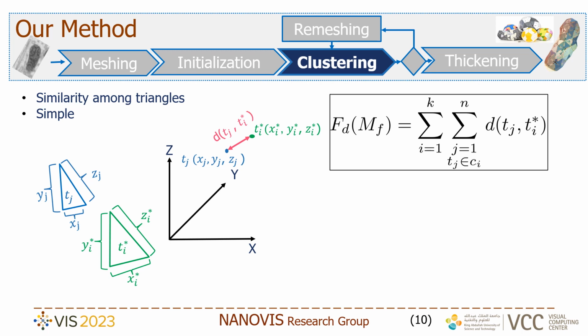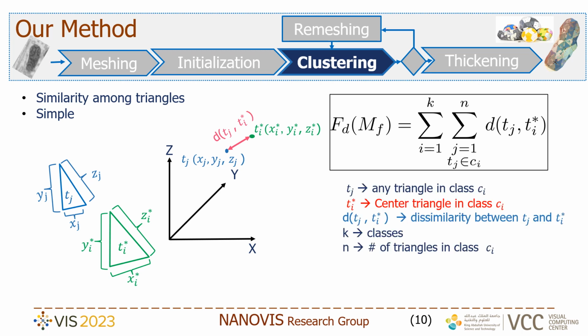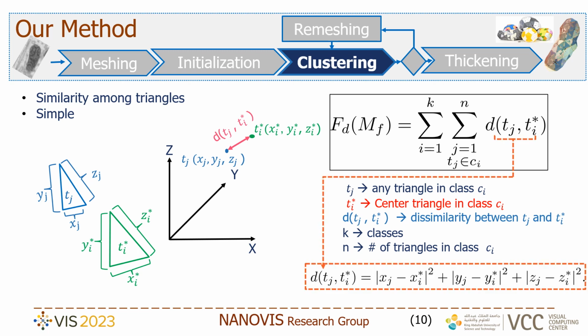This leads us to this equation. After clustering, for each cluster or each class, we find the center triangle Ti star, and all the triangles in the same cluster need to be identical to this triangle.